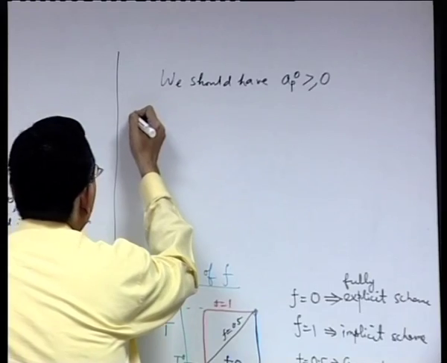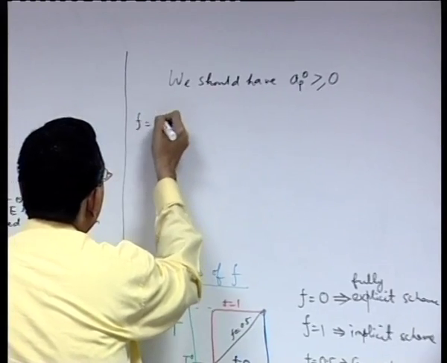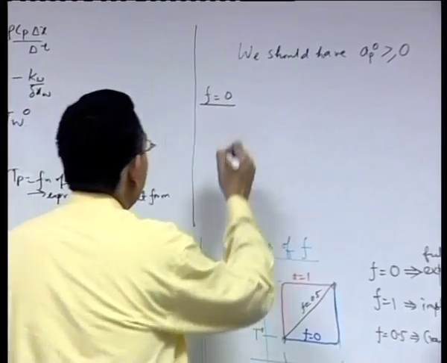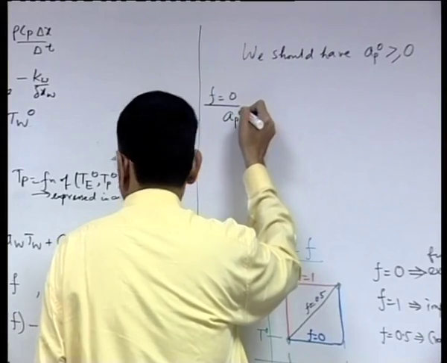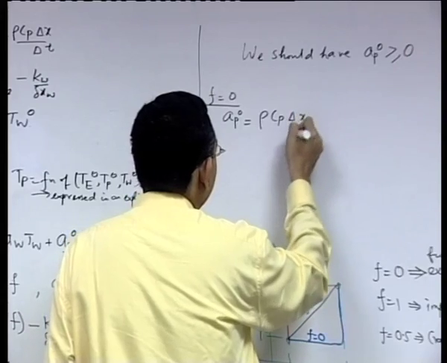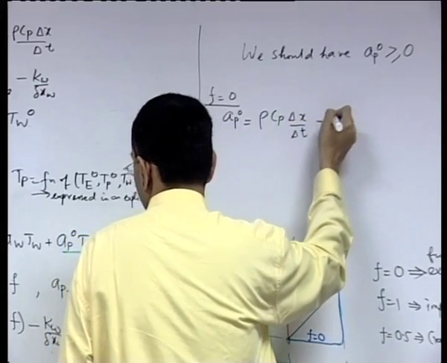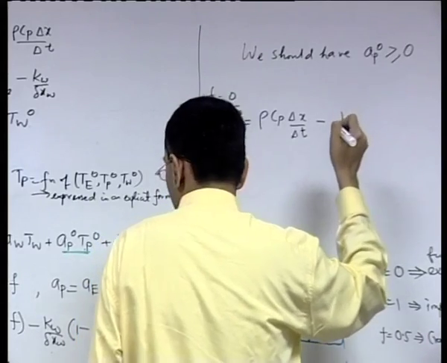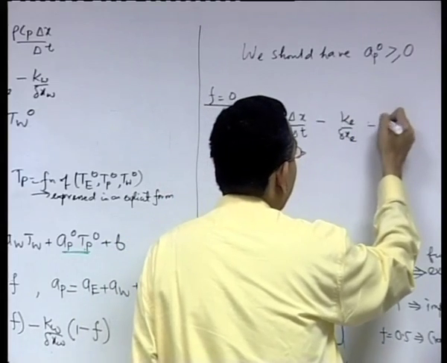Now, what happens with f equal to 0? F equal to 0 will give you AP naught equal to rho Cp delta x by delta t minus Ke by delta xe minus Kw by delta xw.